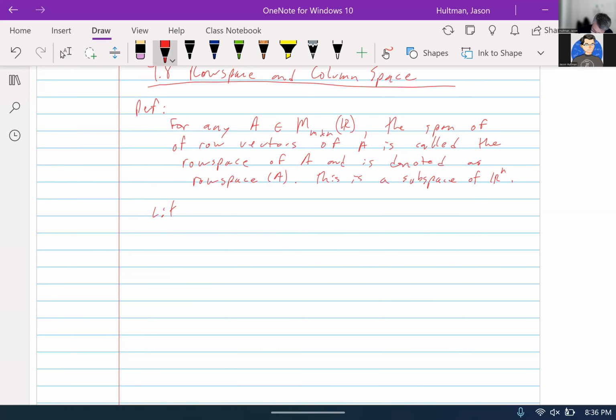Okay, likewise, the span of column vectors of A is called the column space of A, denoted as col space of A, and is a subspace of Rm.